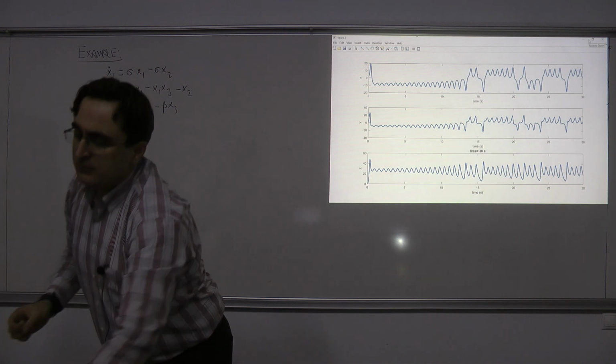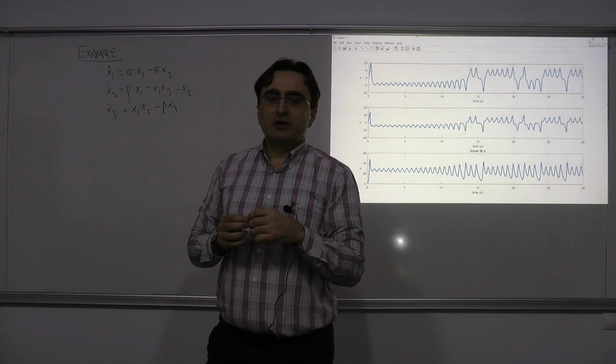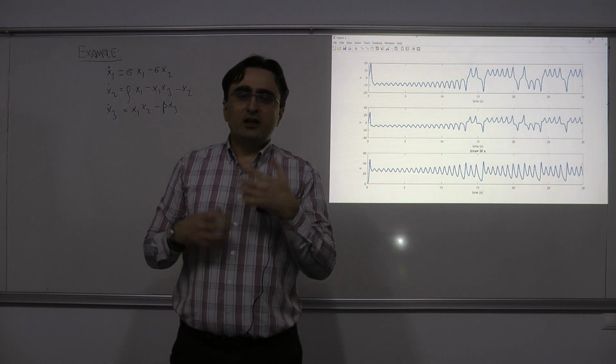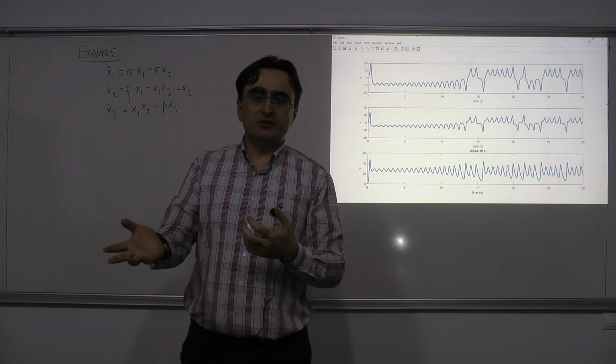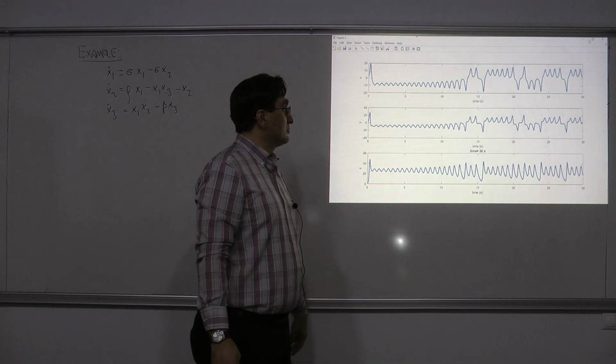So here the thing that you have to realize is that when I perturb the initial condition just a little bit, if it was a linear system, I wouldn't have seen any difference with this type of scale in the trajectories.